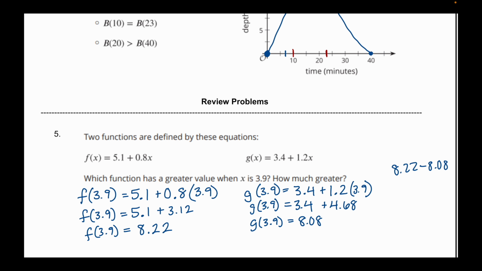And that gives me 0.14. So I can say F is greater by 0.14. And that is the answer to this whole question because they asked two things: which function is greater and by how much?